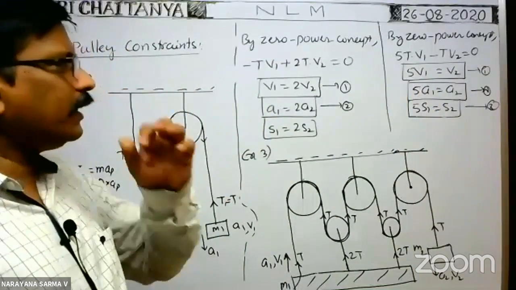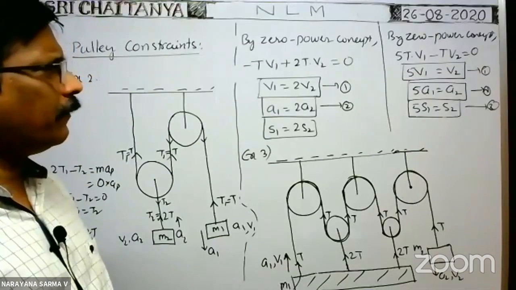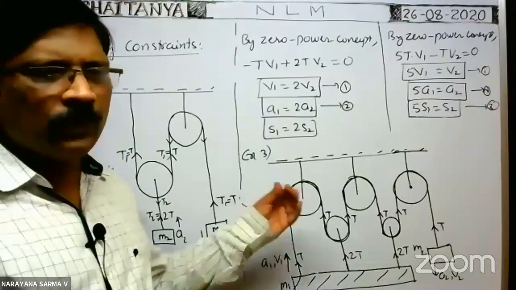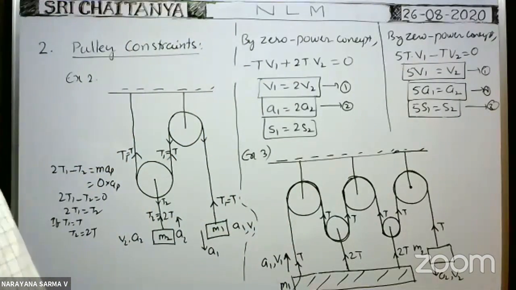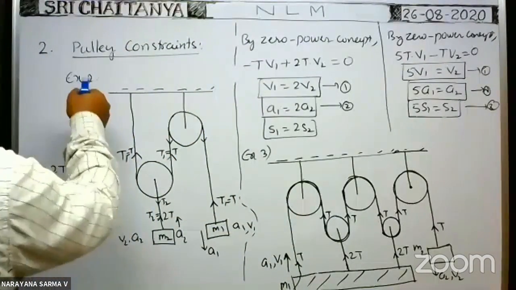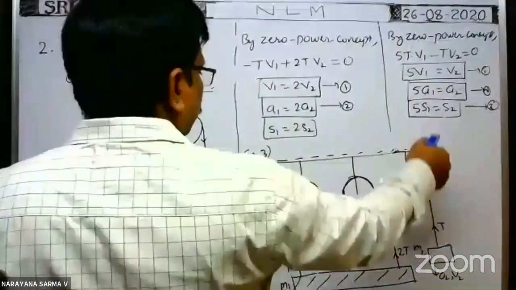Suppose if you want to find accelerations of the, okay, while doing problems we can have an idea. So this is one pulley constraints. Now wedge constraint.